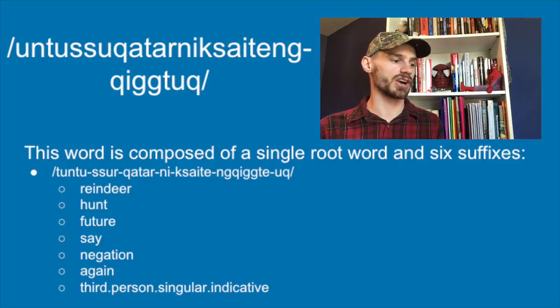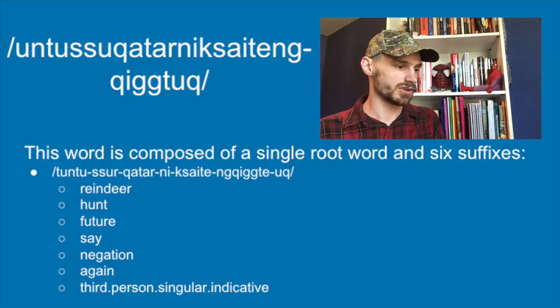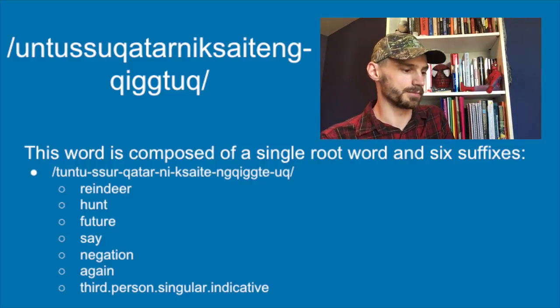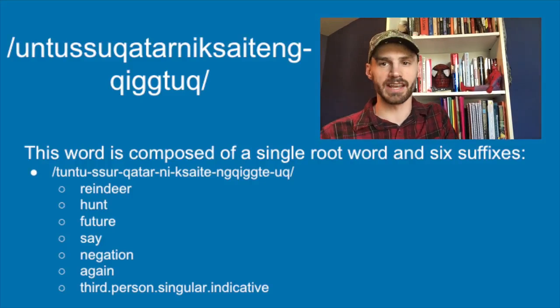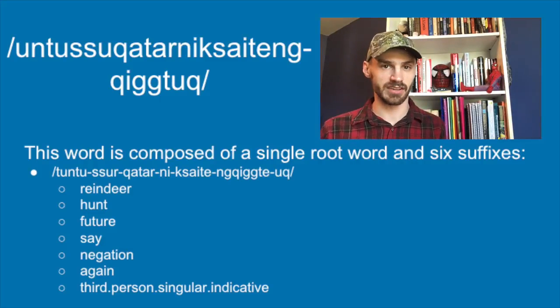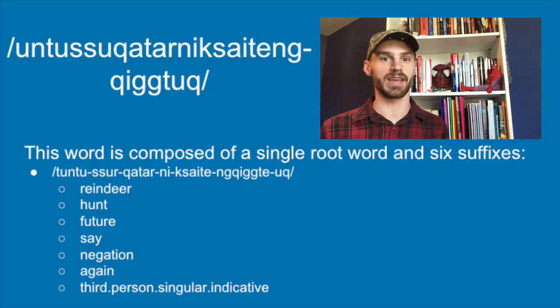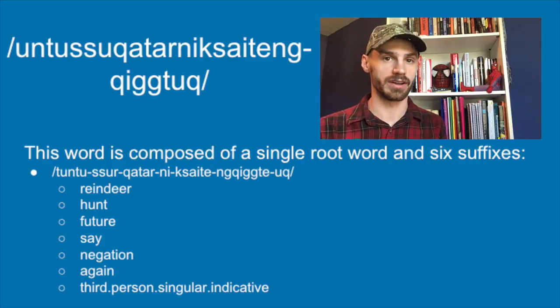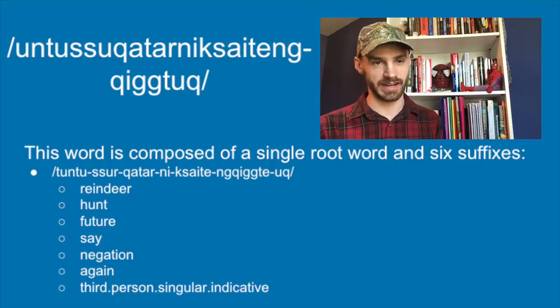All of the rest of these are just suffixes. So, for example, you have like third person singular. In English, in order for us to express the third person singular, we just have to use another word, he or she. There's no way we can include that word into the word reindeer.